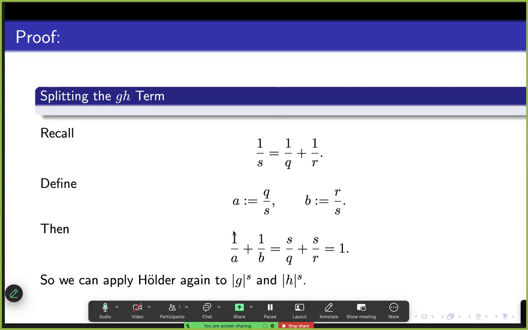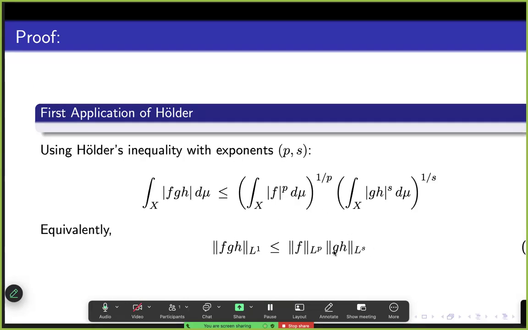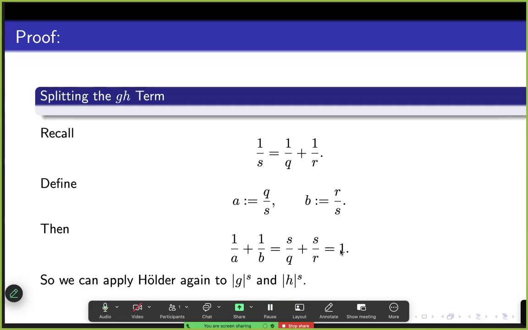So we can apply Hölder's inequality for the two exponents a and b, because the condition holds. We can apply Hölder's inequality for gh with exponents a and b.